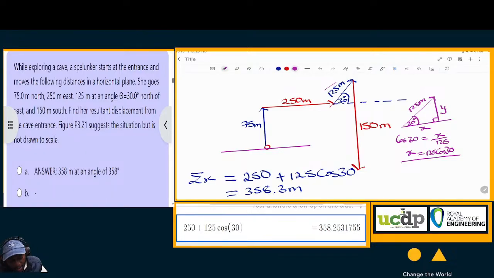So you now have got your opposite and hypotenuse, which means the trig ratio you use now is sine. So sine of 30 is equal to the opposite, y, over the hypotenuse, which is 125.